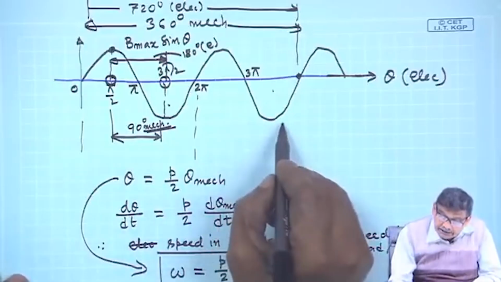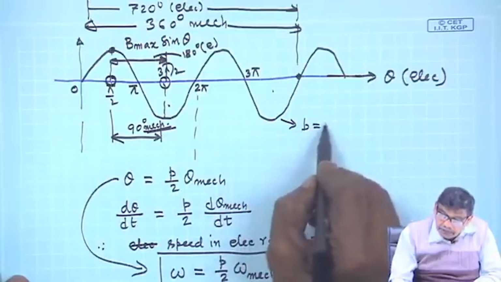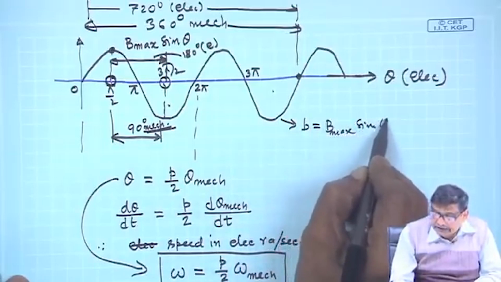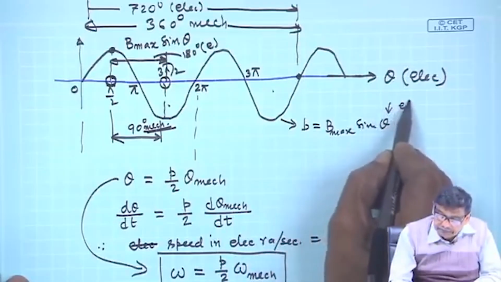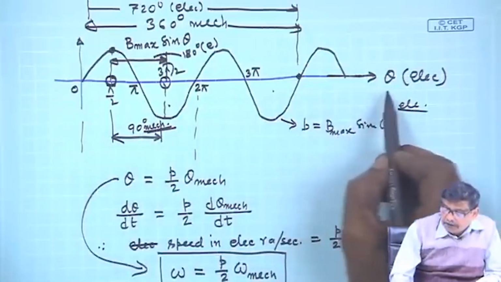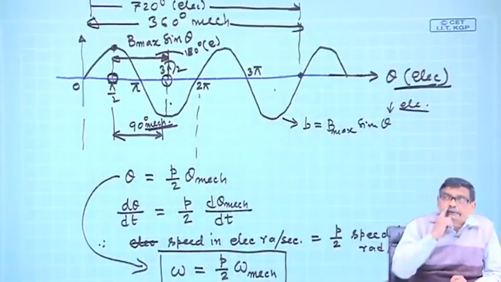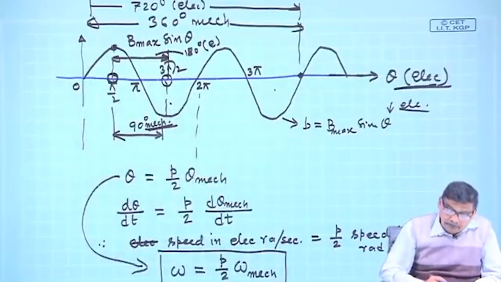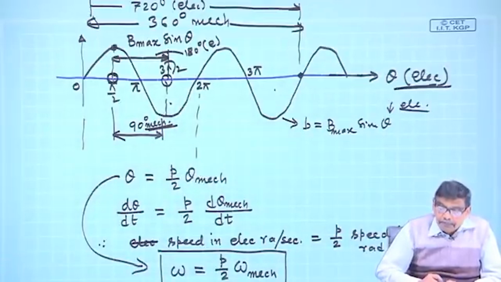So, when I write B is equal to B max sin theta, this theta is in electrical. So, I will sketch it in electrical like this, and the conductor will move with a velocity v.